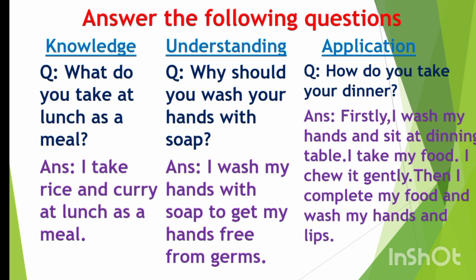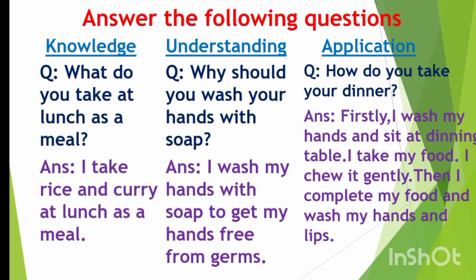Answer: Firstly, I wash my hands and sit at the dining table. I take my food. I chew it gently. Then I complete my food and wash my hands and lips. So this is the process of how you will take your dinner.